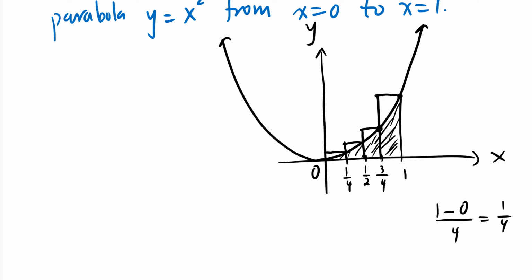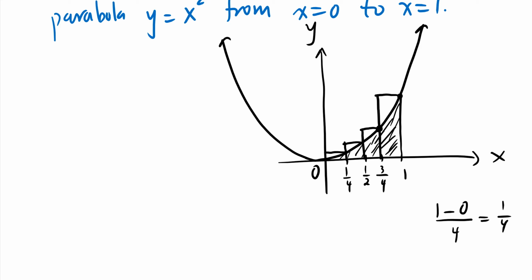Now I'm going to find the area of those 4 rectangles and add them up. That will give me an estimated area to compare to the area of the shaded region. How do we find the area of the rectangles? It's not difficult.